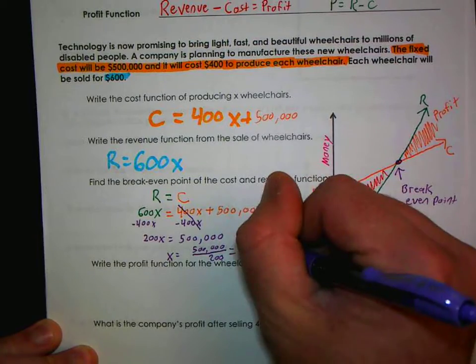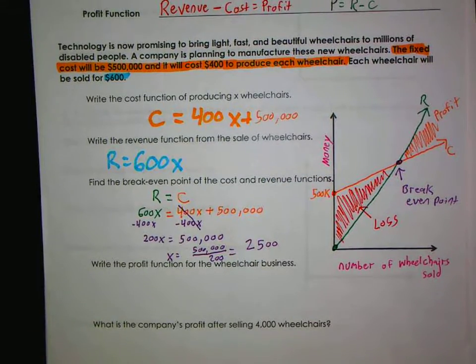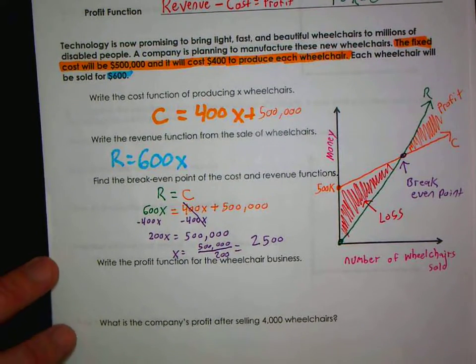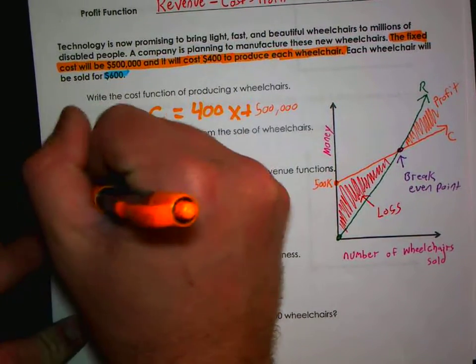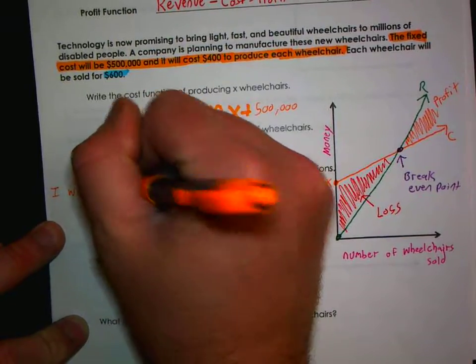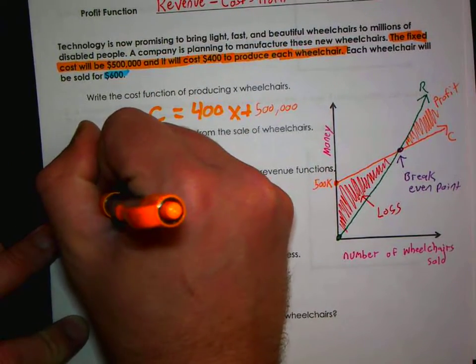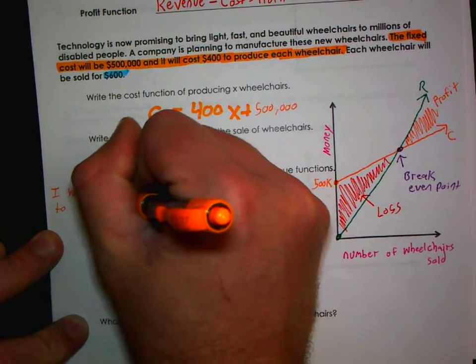And that's 2,500. So if this were my business, I would need to sell 2,500 wheelchairs.